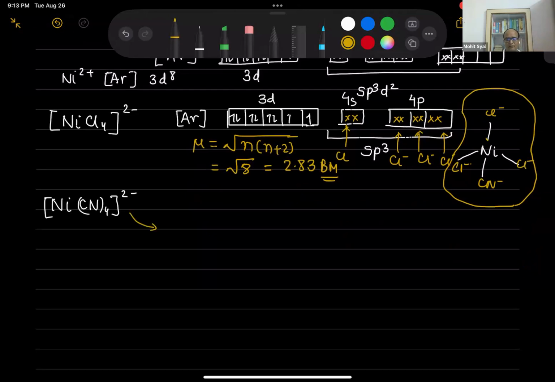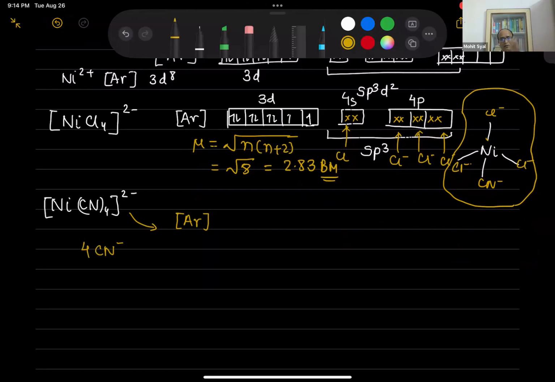Ni(CN)4 2 minus. Ni plus 2 is there, same nickel plus 2, same number of electrons. But we have 4 cyanide ligands.